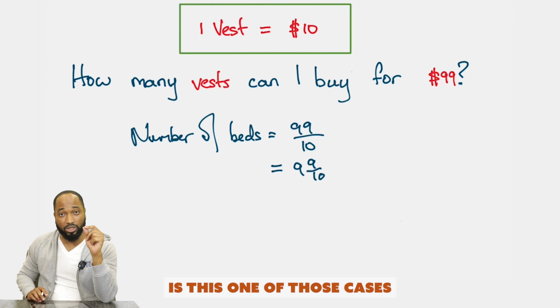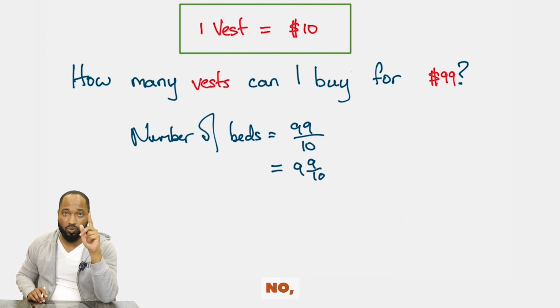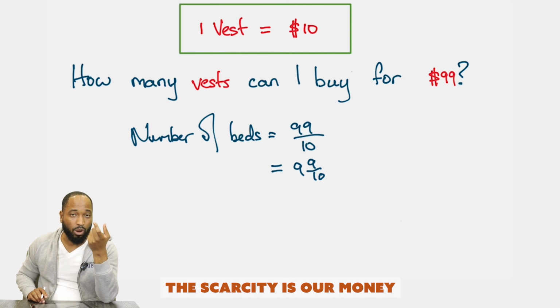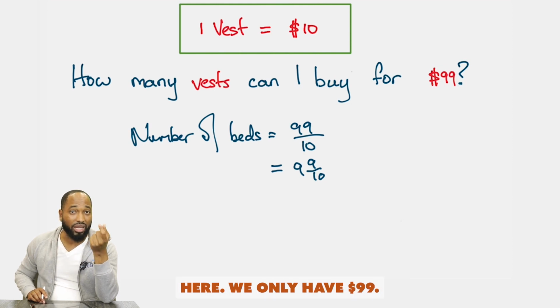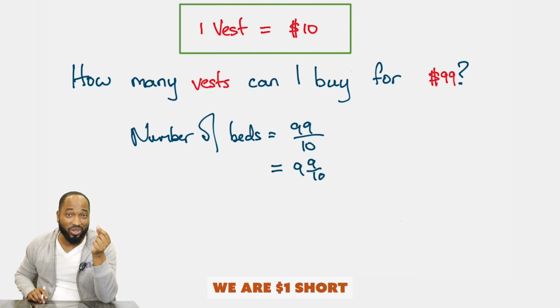Is this one of those cases where we must round up? No. The scarcity is our money here. We only have $99. We can't get 10 vests. They are not going to give us that vest. We are $1 short.